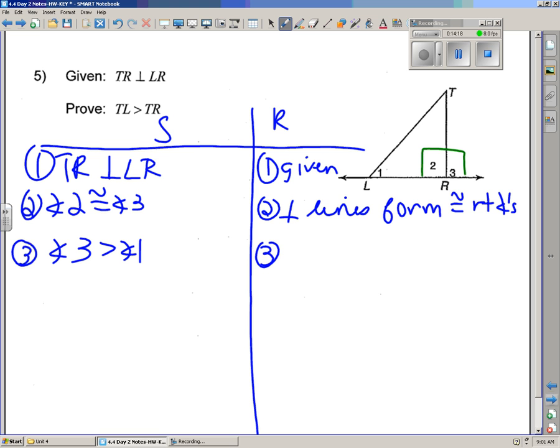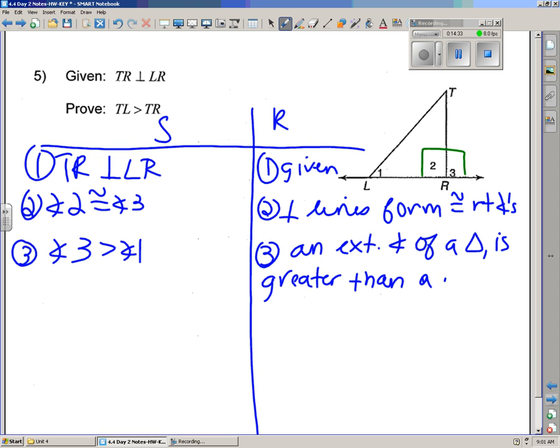And that's going to be an exterior angle of a triangle is greater than a non-adjacent interior angle.